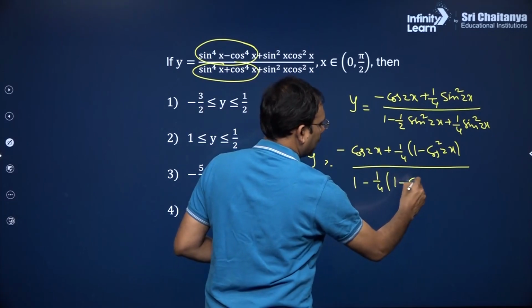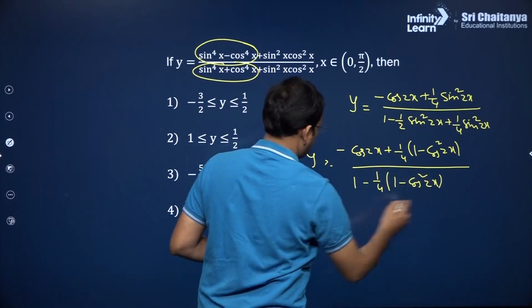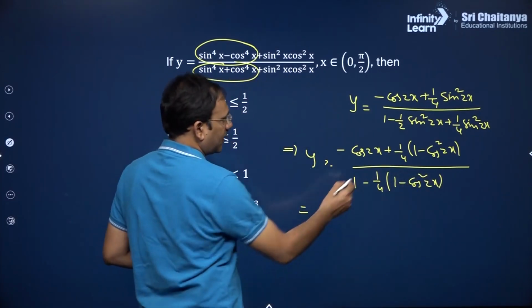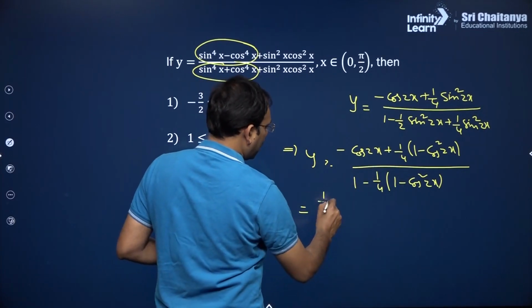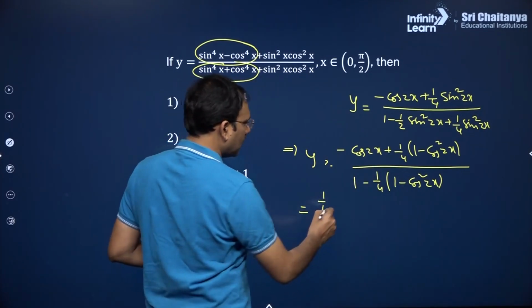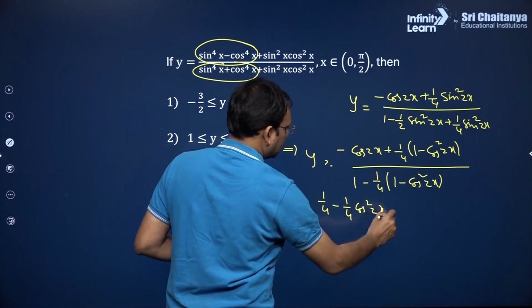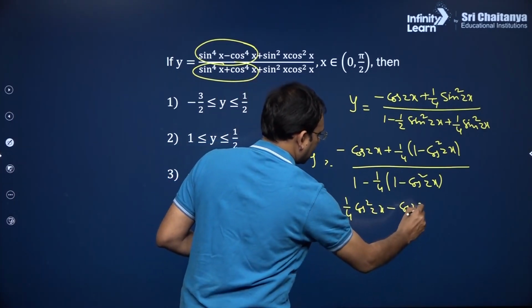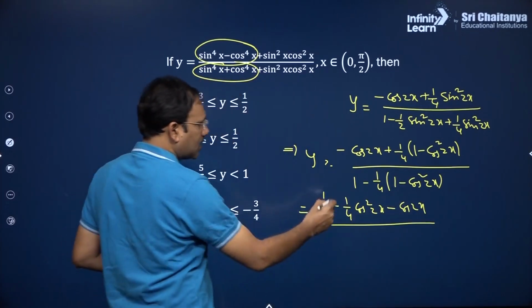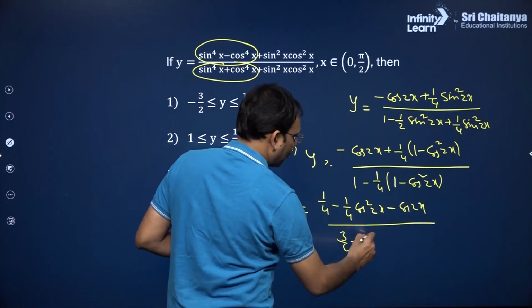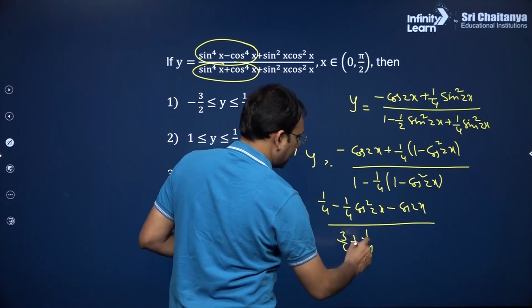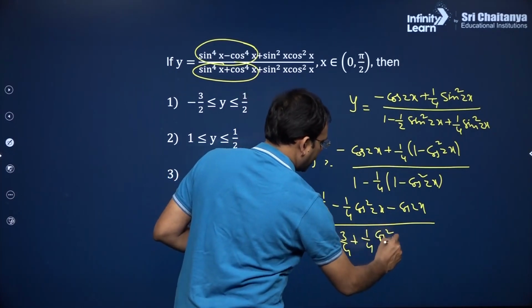You try to write 1 minus cos square 2x, my dear friends, which is 1 by 4 minus 1 by 4 cos square 2x minus cos 2x. Here 1 minus 1 by 4 is 3 by 4, minus of minus plus 1 by 4 cos square 2x, my dear friends.